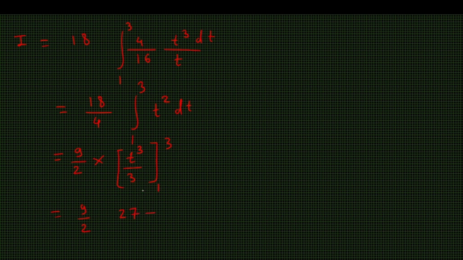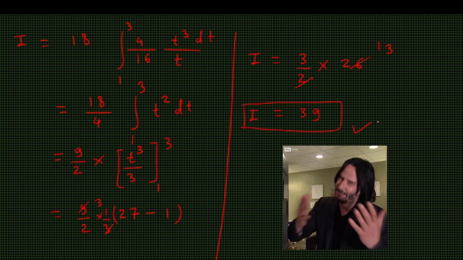So 3 3s are 9, 3 by 2, and cube of 3 is 27, minus cube of 1 is 1. So we have 3 by 2 into 26, and 13 2s are 26, and 13 3s are 39. So here is our final answer. Thank you.